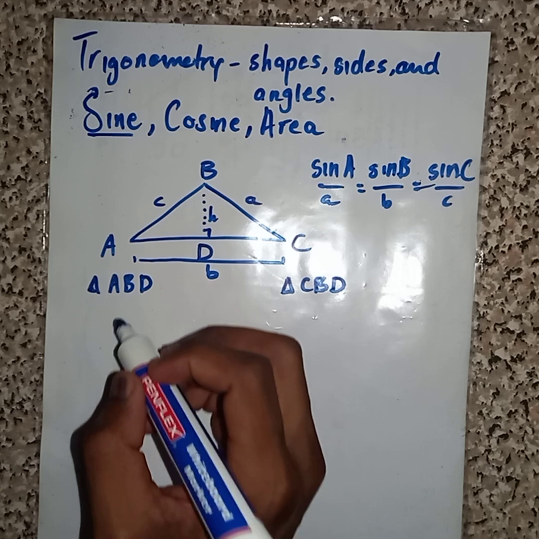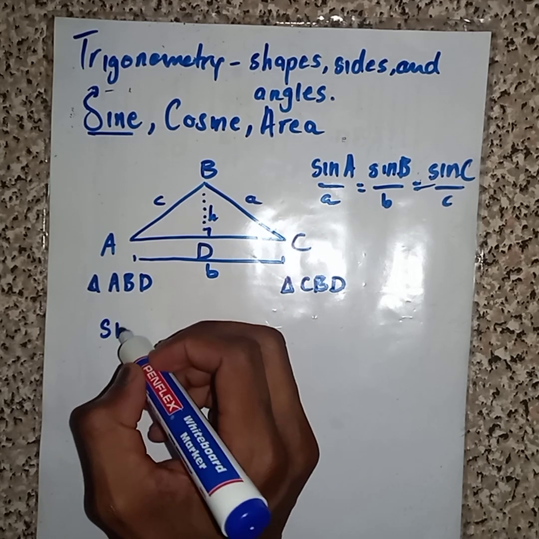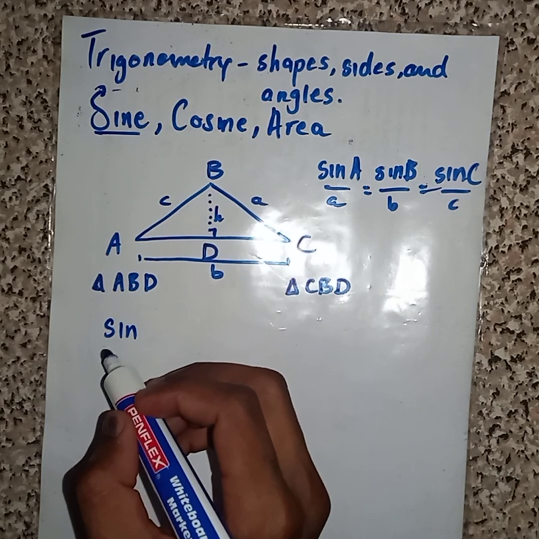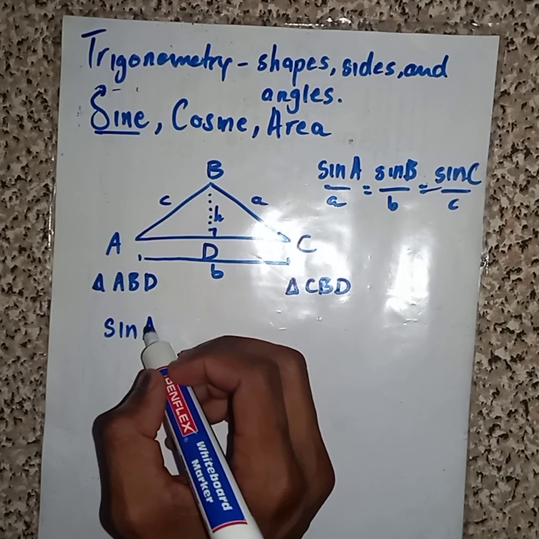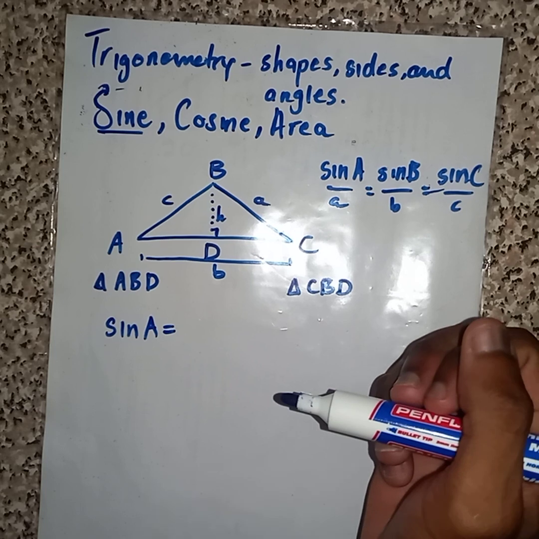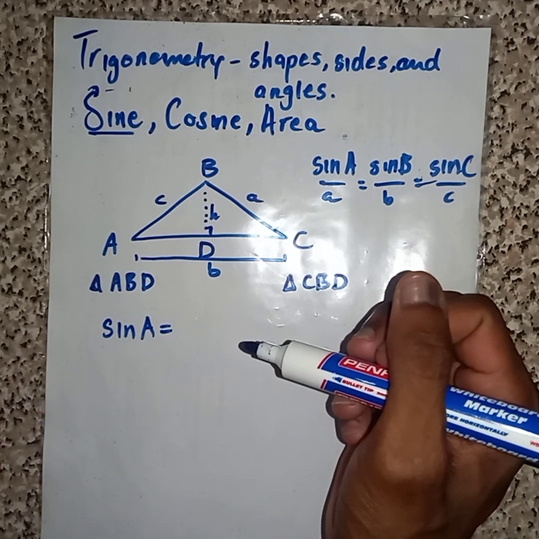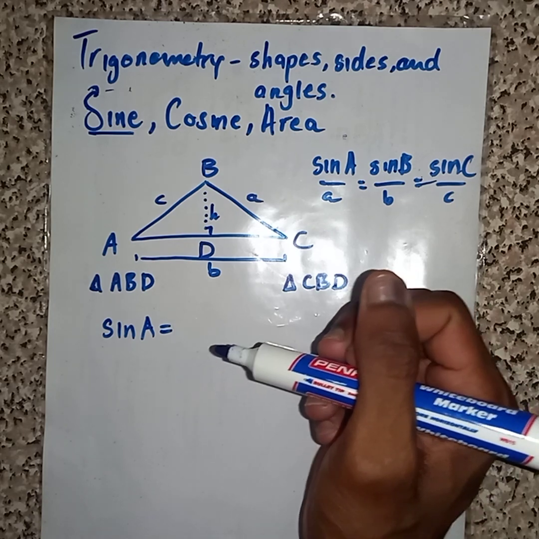For us to prove the sine rule, we are going to consider angle A, angle B. Firstly, we are going to take the sine of A for this triangle ABD. We all know that sine A is given by a ratio of opposite divided by hypotenuse.